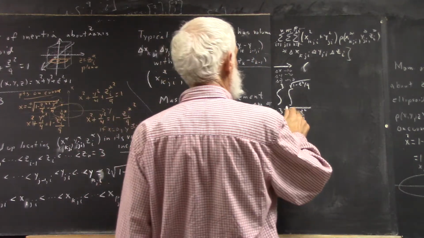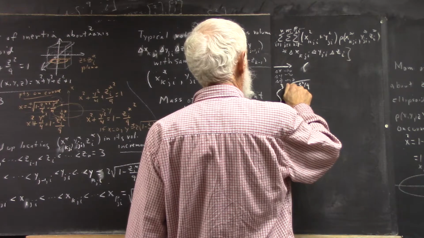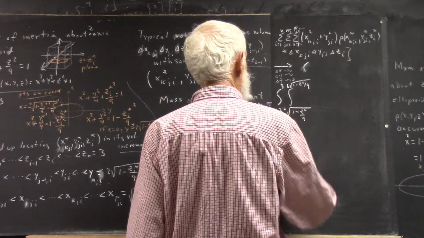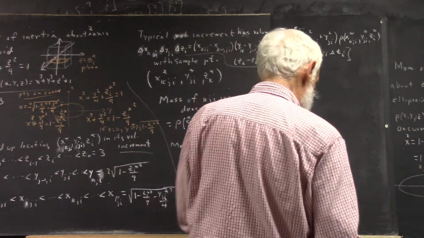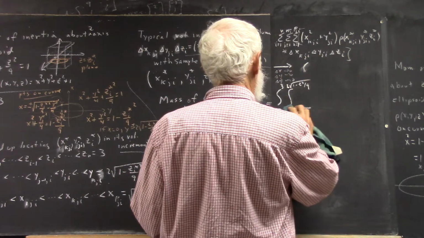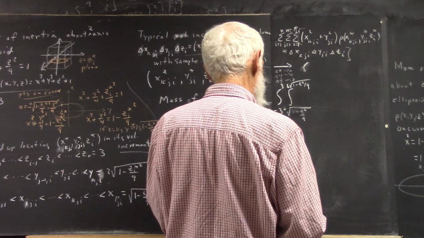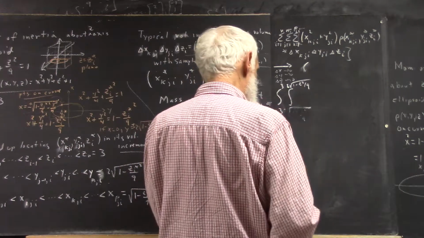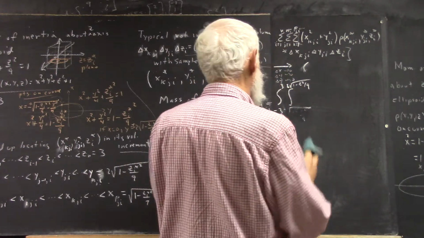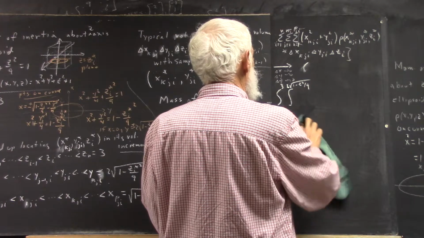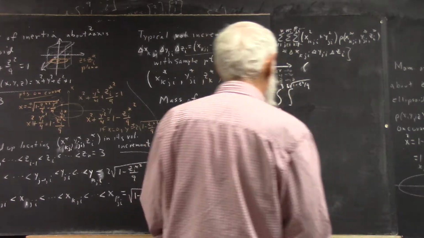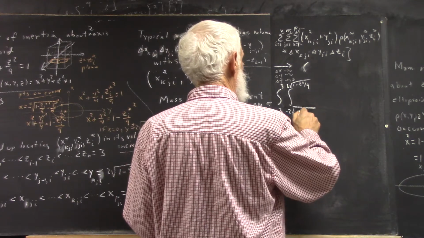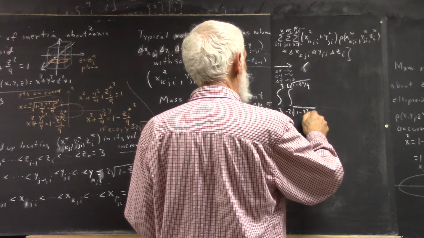I didn't leave myself room for the 2 down here. It's going to look like a square root, so I'm going to have to fix that. So: -2 times the square root of 1 minus z squared over 9.